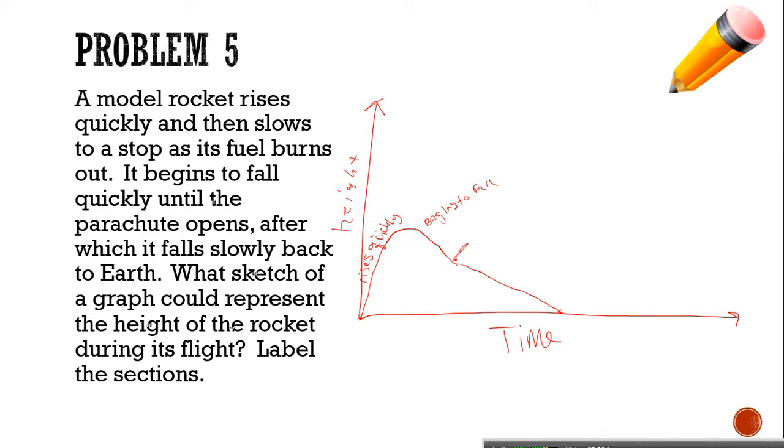Then right here, right where we hit that change in my line, if you notice how my line became a little less steep, this is where my parachute opened. And now it's going to start falling slowly. Now where it hits right here, that's where my rocket hit the ground.